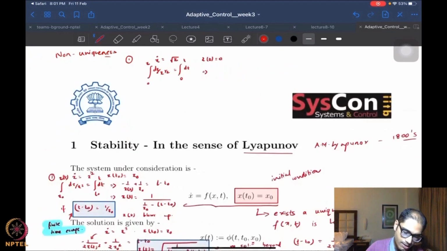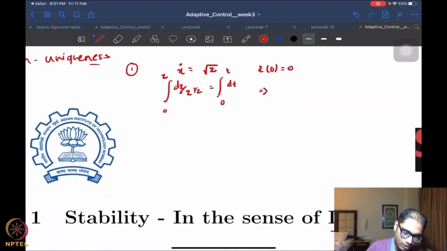This was x to the power minus half, so when I integrate, I get x to the power plus half divided by half, that is 2 square root of x, equal to t on the right hand side.